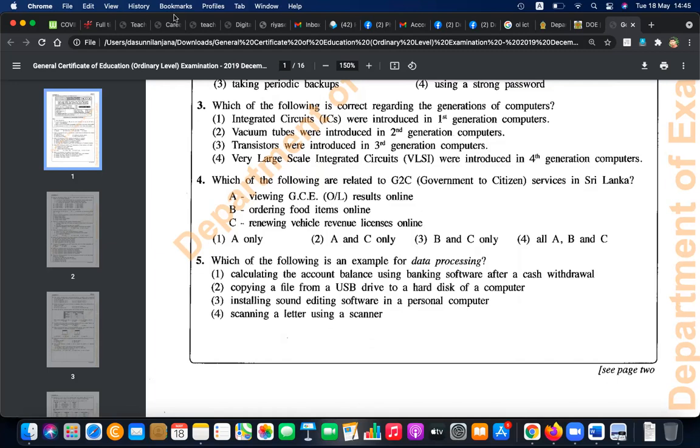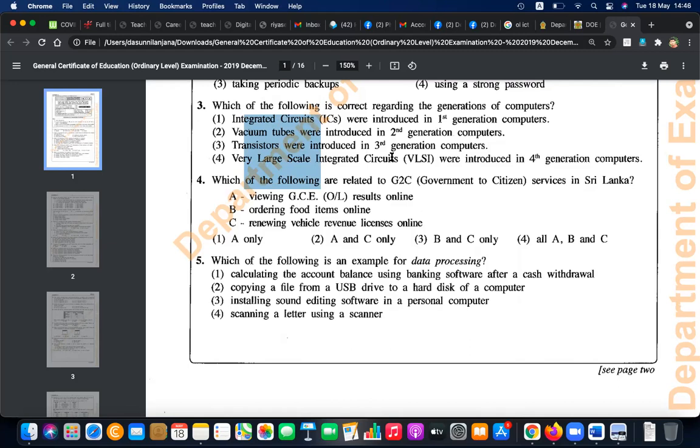Fourth generation: large scale integration and very large scale integration, both, right? LSI and VLSI, large scale integrated circuits and very large scale integrated circuits. Fifth generation: ultra large scale.